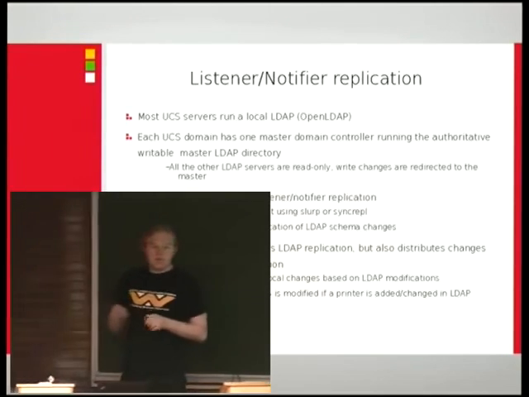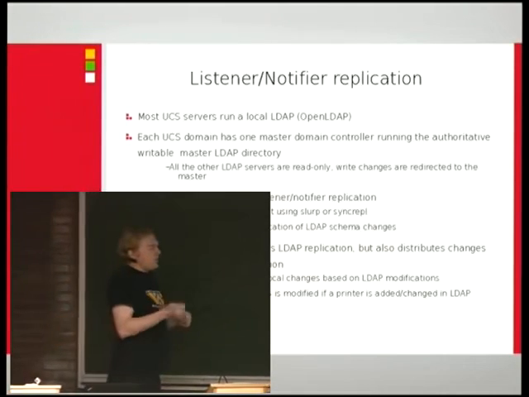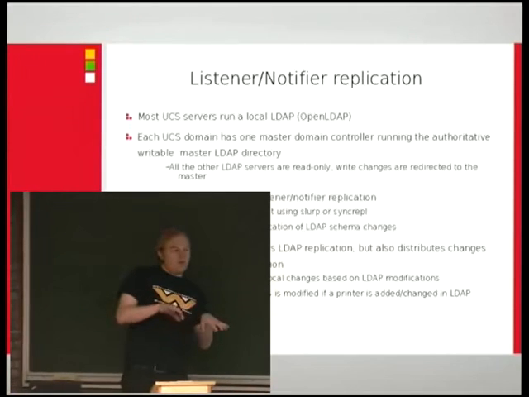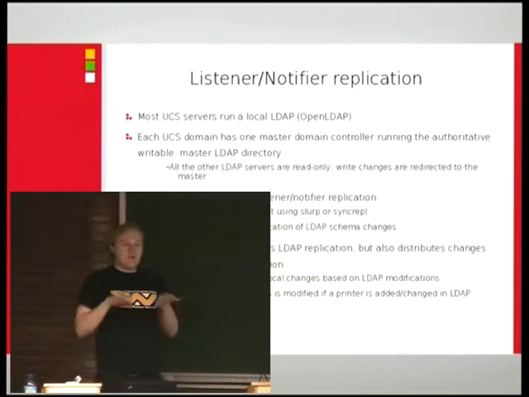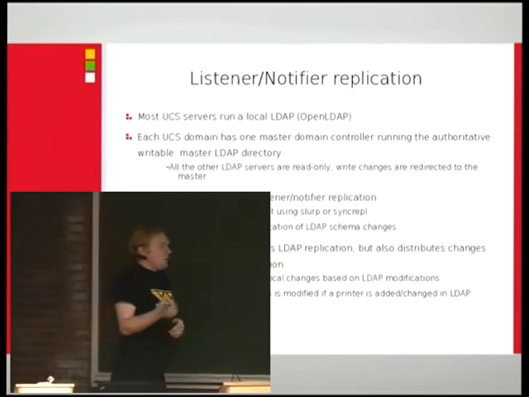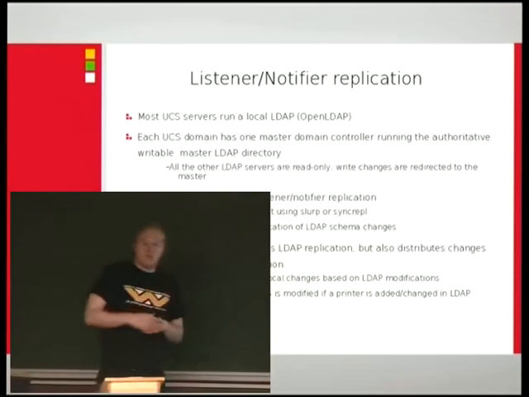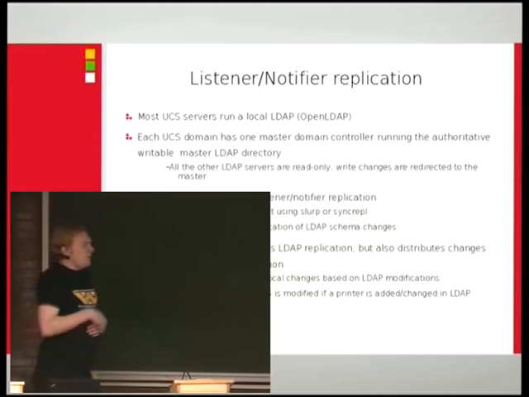So all changes are made to the master domain controller, and all the other LDAP servers are effectively read-only, so they provide all the LDAP data as a local service, but all the writable changes are directly redirected to the master domain controller.